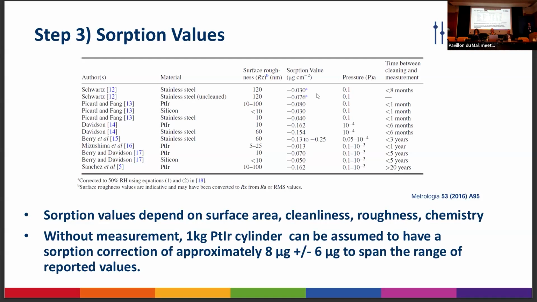But if you didn't have a vacuum balance and you wanted to go from vacuum to air and just guess the sorption correction, we have enough data now that you can probably guess it's about an 8 microgram correction on a platinum iridium prototype with about a 6 microgram uncertainty. That seems to be the range that people have for the sorption value. So it's not too bad if you just had to guess.